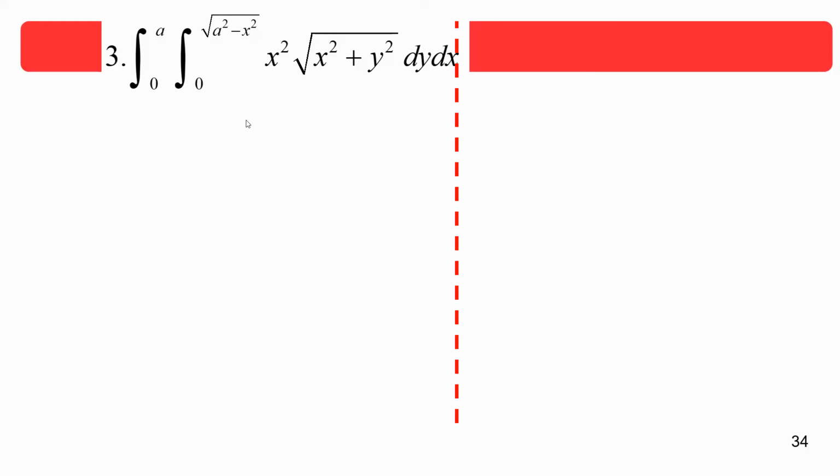So for number 3, in this case, let's try with respect to y. If it's with respect to y, meaning x is constant, if u is equal to x squared plus y squared, and the power is 1/2 for the square root, du would be 2y dy. You don't have a y here. So what if we invert the order?